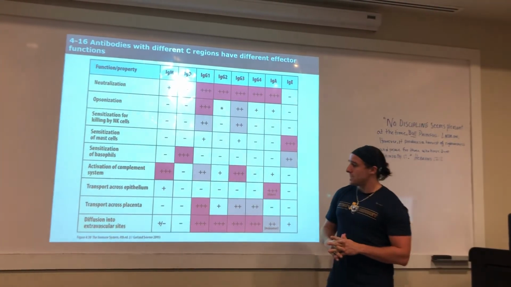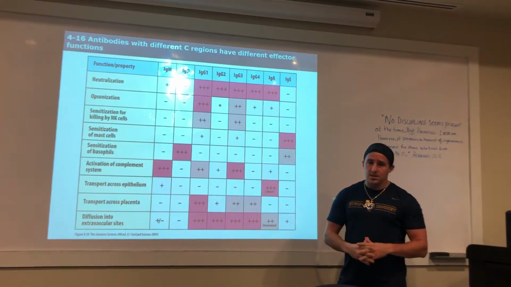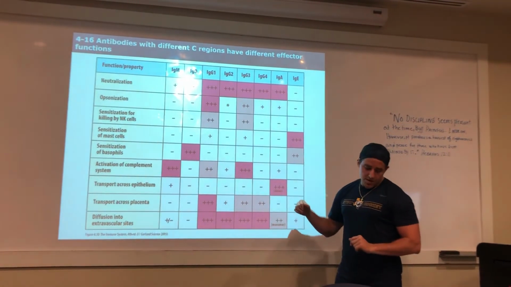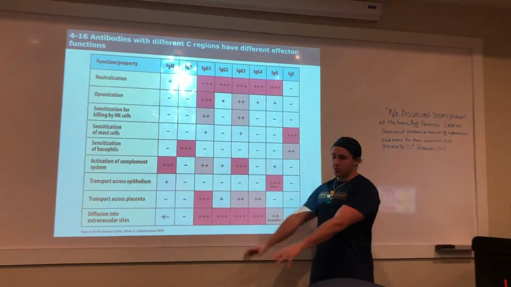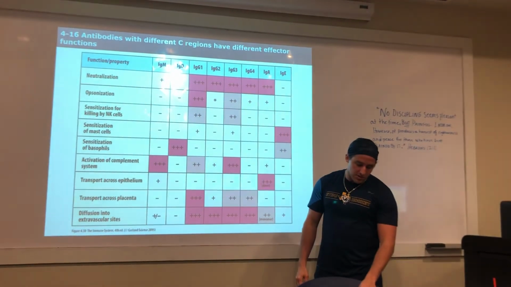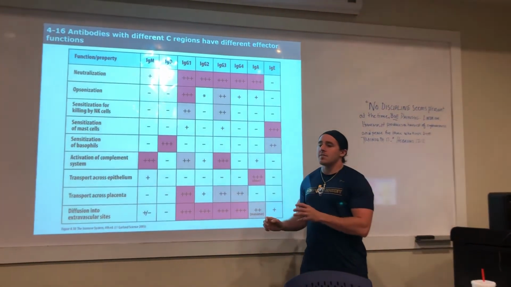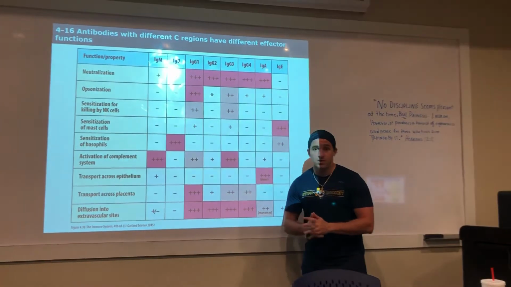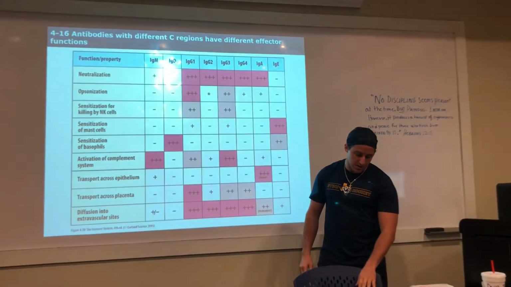IgE is able to help coat these different parasites, and that gets combined with the FcεRI, and you have degranulation of the mast cells, which produces a whole cytokine storm and activates a whole cascade of inflammatory cycle and immune response necessary to get rid of the antigens.